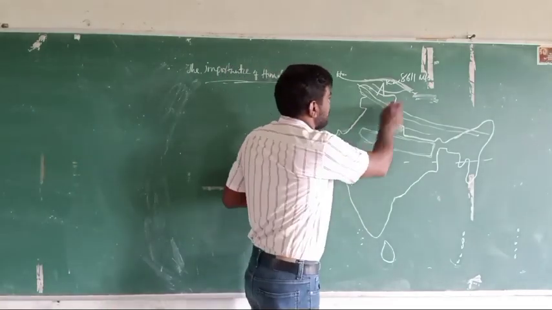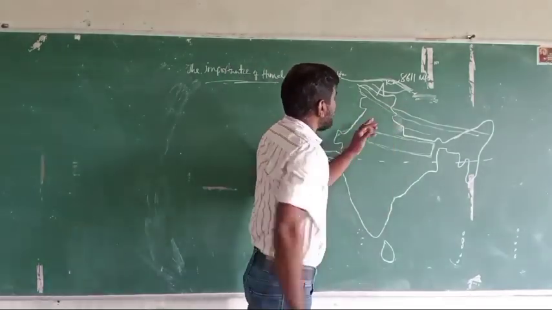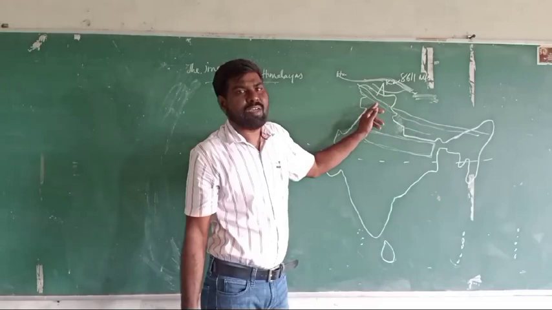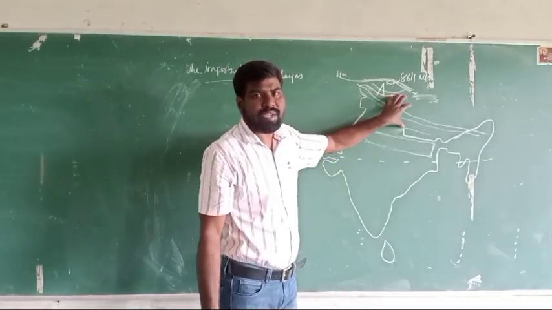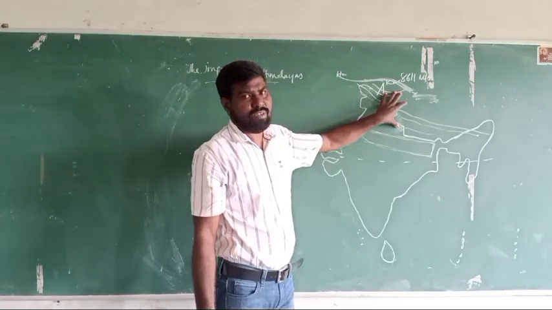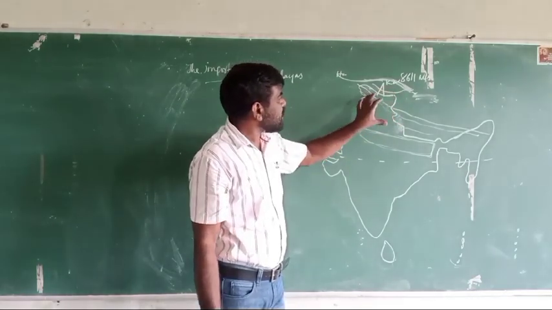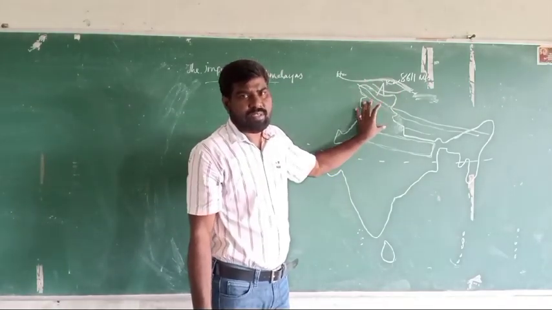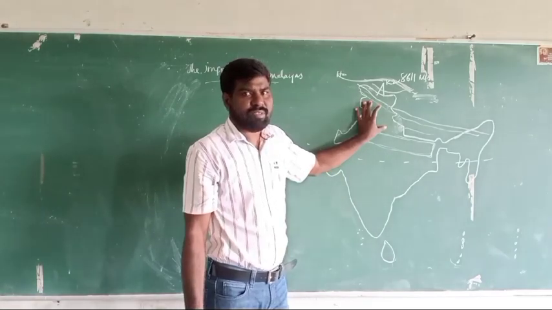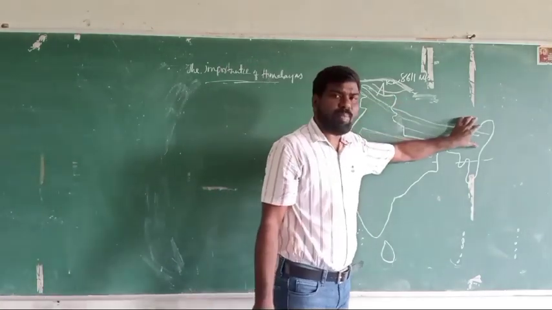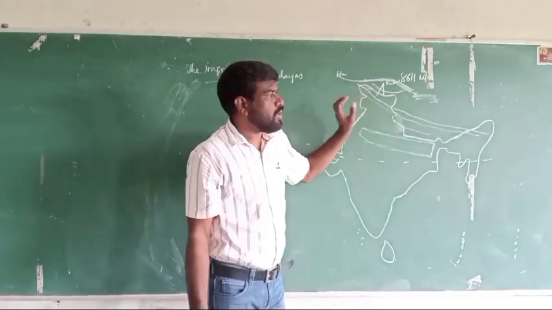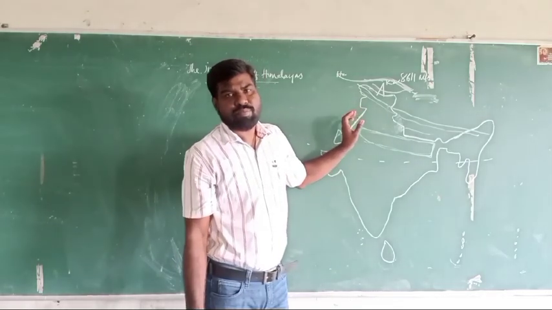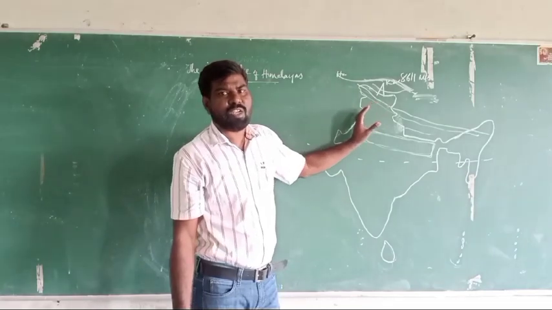And there are some natural gaps in the Himalayas which provide a natural route across, for sharing culture as well as commerce in ancient times. These natural gaps are called passes, for example, Khyber, Bolan, Shipki La and Nathu La. These passes provide us a natural route.